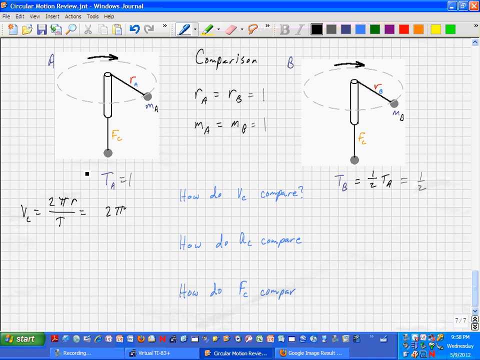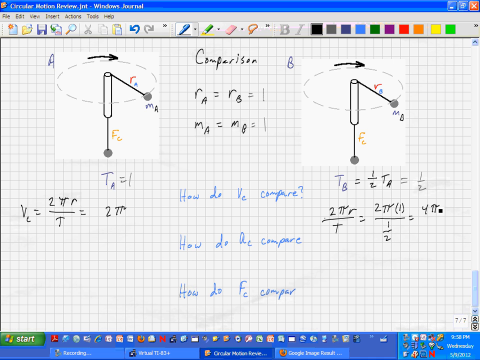Because this is 1, so I wind up with 2 pi. Over here, I've got that same thing, 2 pi r over t. So I'm going to put in 2 and pi, and I'm going to put a 1 in for the r, but the t is going to be 1/2. So I wind up with a 2 in the bottom of the bottom, so that's going to go to the top, and I wind up with 4 pi.